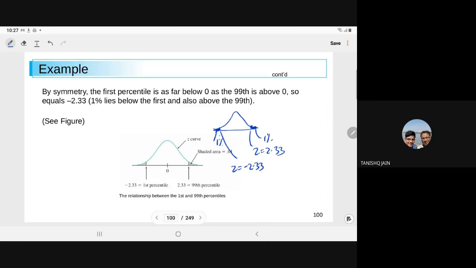By symmetry you can write for both sides. The first percentile, meaning 1%, is equal to minus 2.33. 1% lies below the first percentile and also above the 99th one.